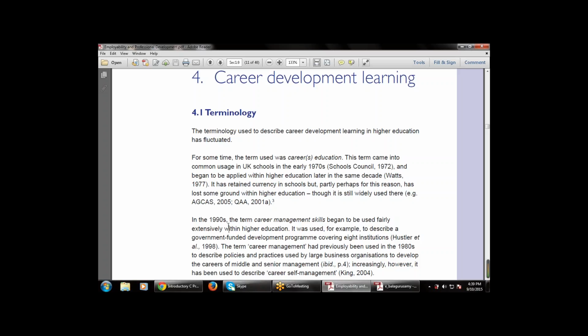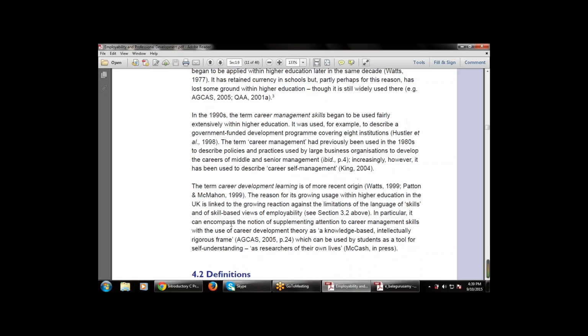However, it has also been used to describe career self-management, that is, a person's own career self-development.